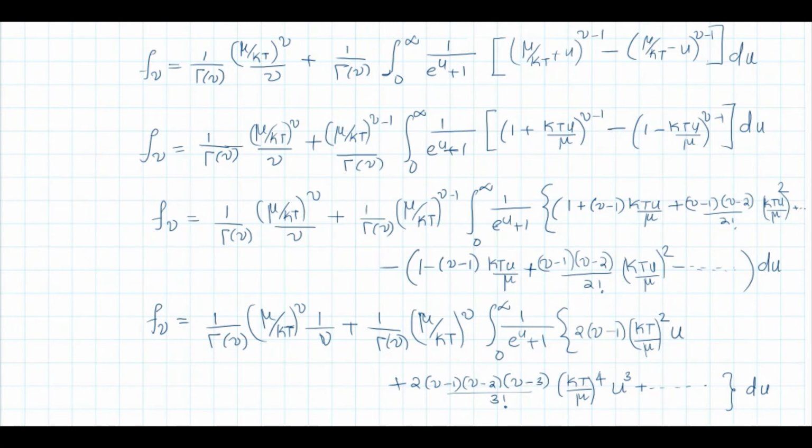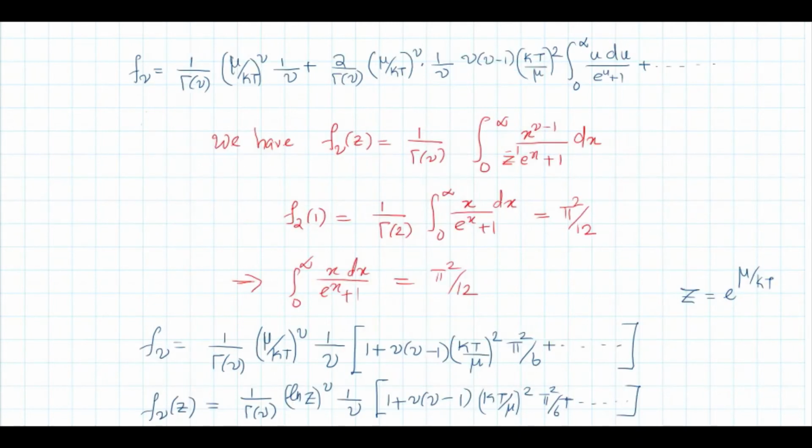That will make it (kT/μ) the whole square. When you divide by μ/kT, that goes to the numerator as kT/μ. So here you have only one kT/μ, and here you have a square, because this is raised to ν−1 and here it is (μ/kT) raised to ν.